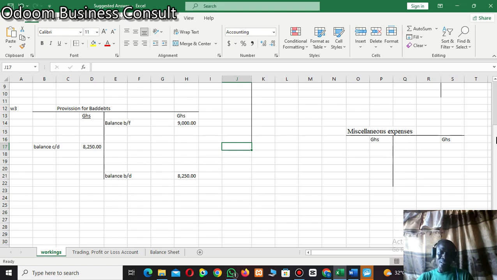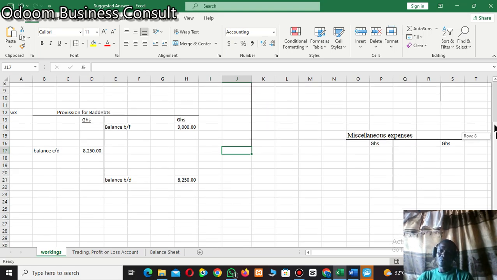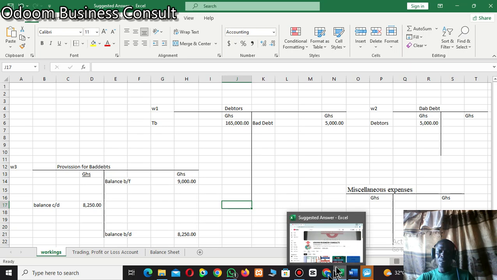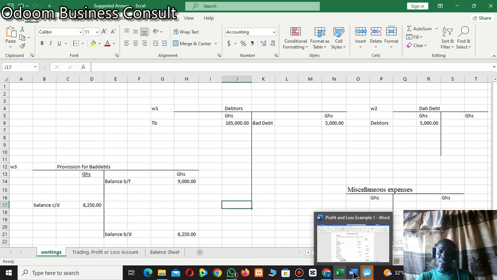So I will not say that this is the ultimate solution, but it's one of the best ways that you can present a trading profit and loss account. If you have any other suggestions, you can leave them in the comment section. With that much ado, let's start the journey for the day.